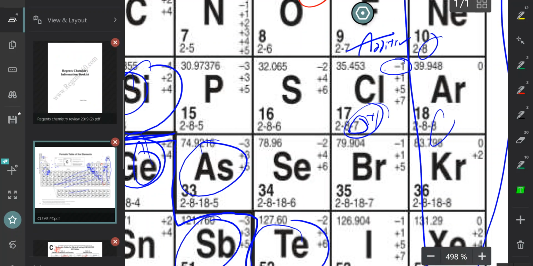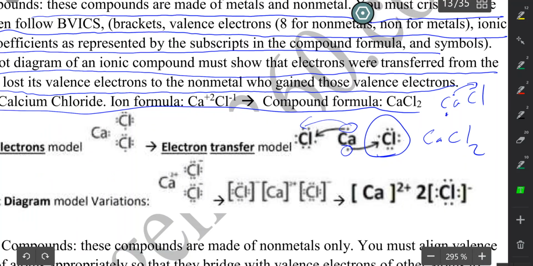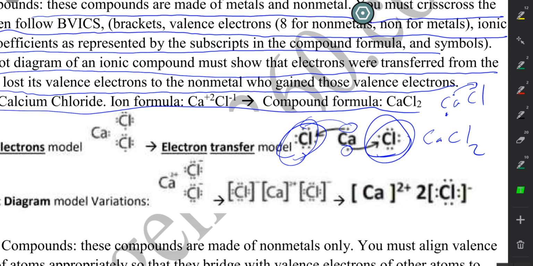Going back, calcium would like to bond with 2 chlorines. Calcium will give its electron to this chlorine so that this chlorine will have a total of 8. Calcium will give its other electron to this chlorine so that this chlorine will have a total of 8 valence electrons. This chlorine will be happy with 8 valence electrons and will have chemical stability, an octet.